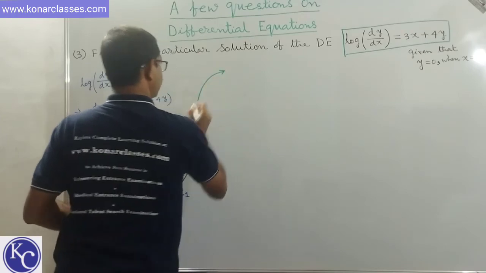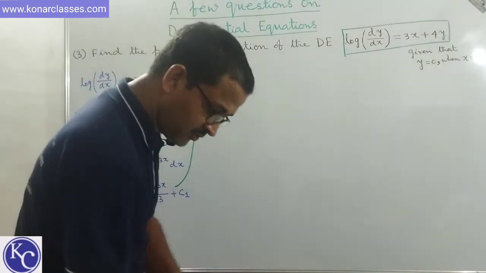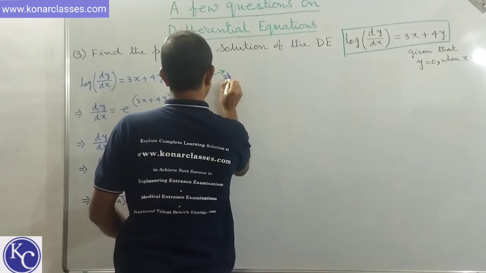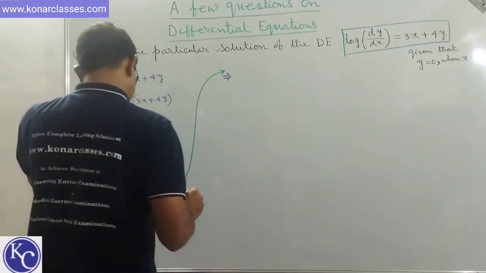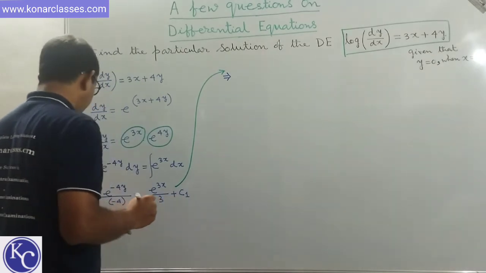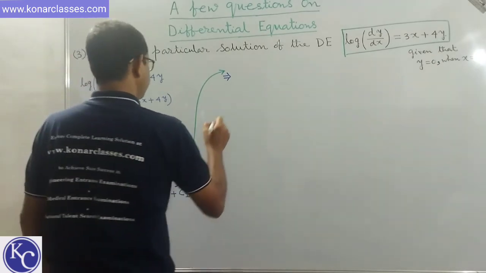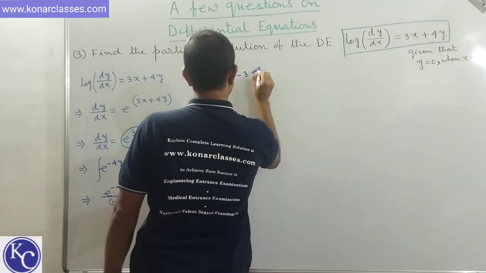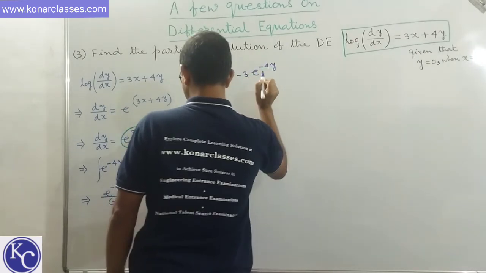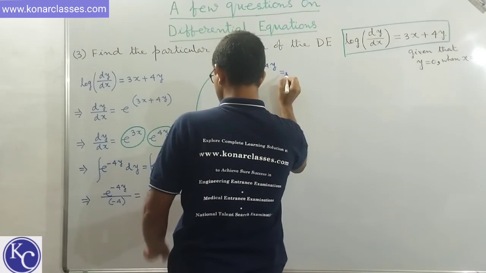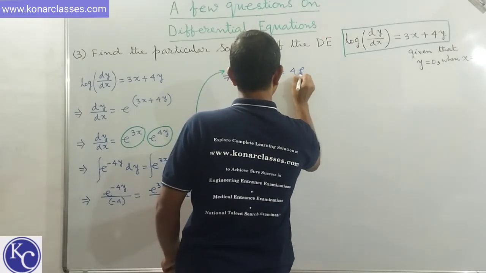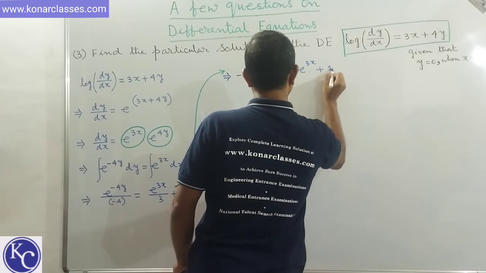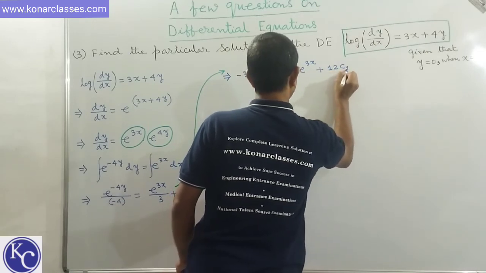Now from here let's proceed to the next step. So this implies that if we multiply both sides by 12, then what are we going to get? Minus 3 into e power minus 4y is equal to 4 into e power 3x plus 12 c1.